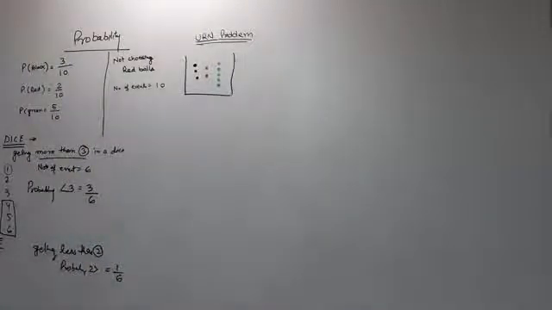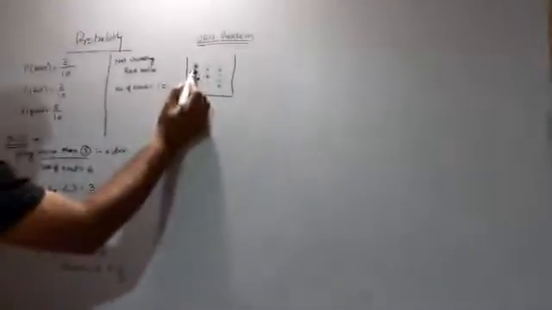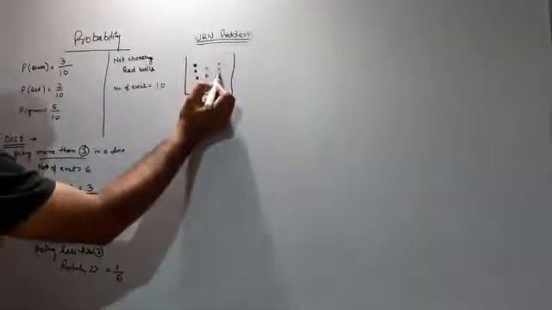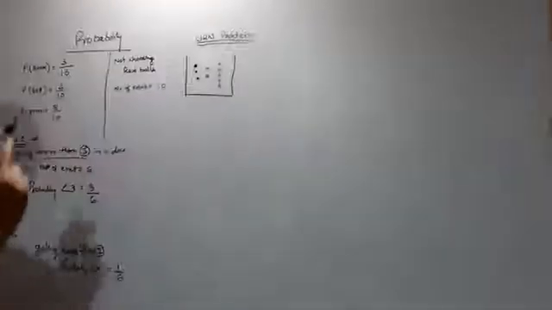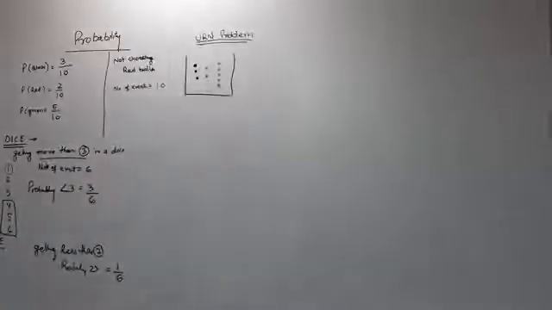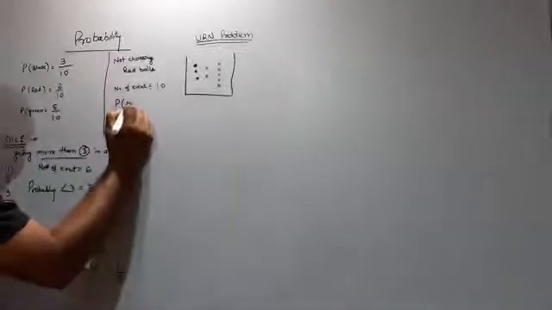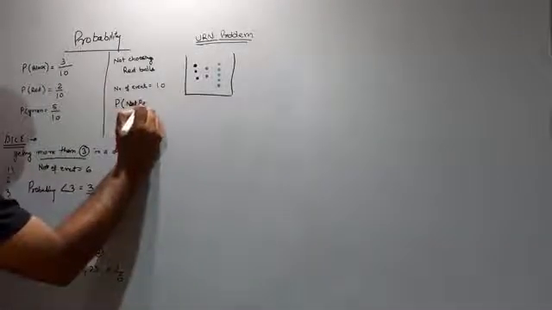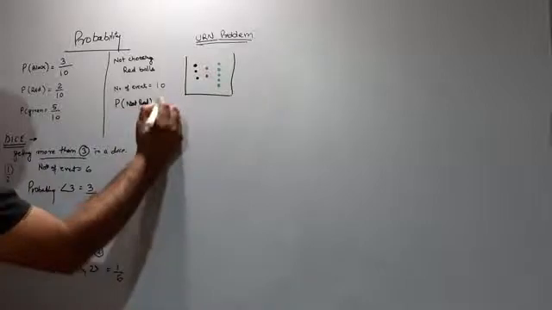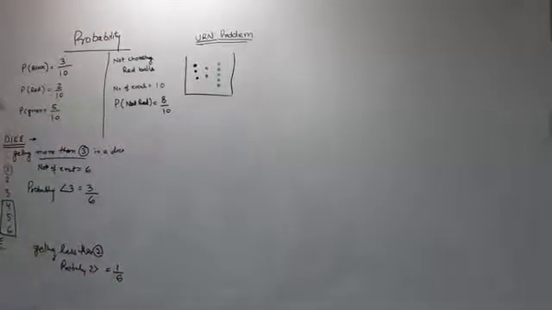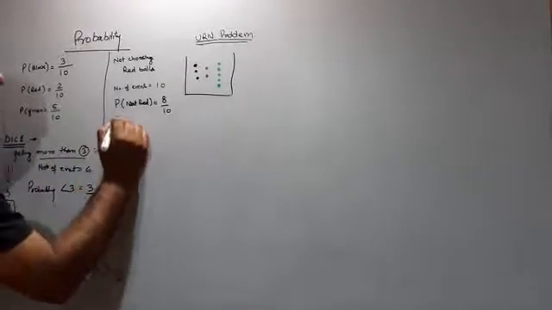Now, what is the probability? What is the number of outcomes when we will not choose red balls? So there are 1, 2, 3, 4, 5, 6, 7, 8. In eight outcomes, we will not choose red balls. So probability of not choosing red balls will be 8 upon 10. Similarly, what will be the probability of not choosing black balls?